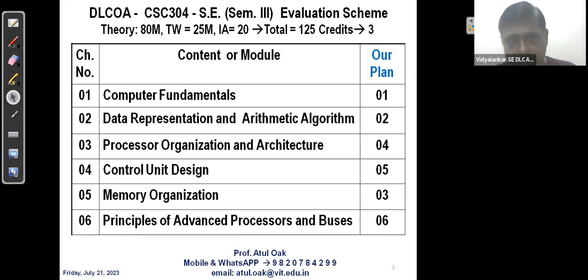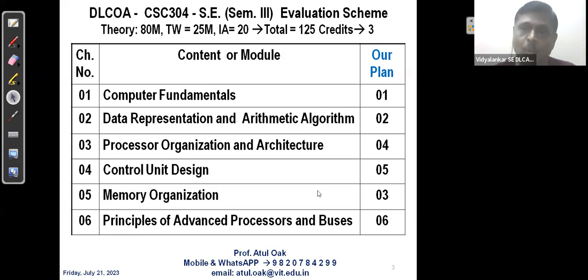We will start with module 1, of course, day 1, session 1, then module 2, then we will complete module 5, then module 3, module 4 and module 6. That is the sequence I will be teaching and we will be completing.